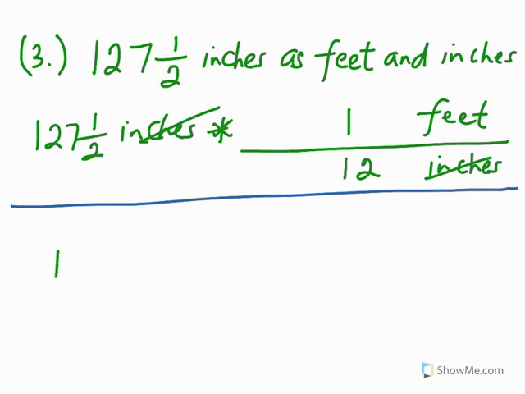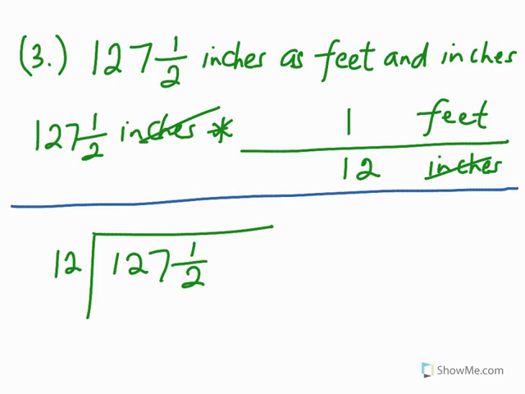I use a blue line to demarcate this. And so we divide 12, divide 127 and 1/2. So 12 into 127, of course, gives us 10. 10 times 12 is 120. And when we subtract, we have 7.5. Did I just say 127, 1.5?